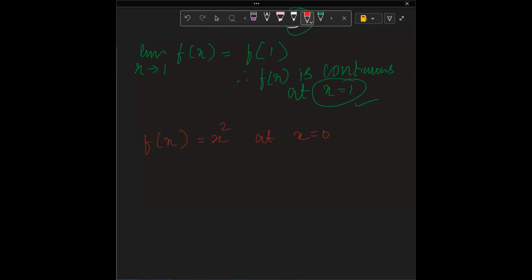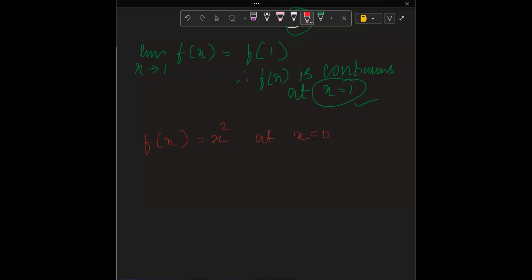No, sir, it's not continuous at 0. You are saying this is not continuous. Why?